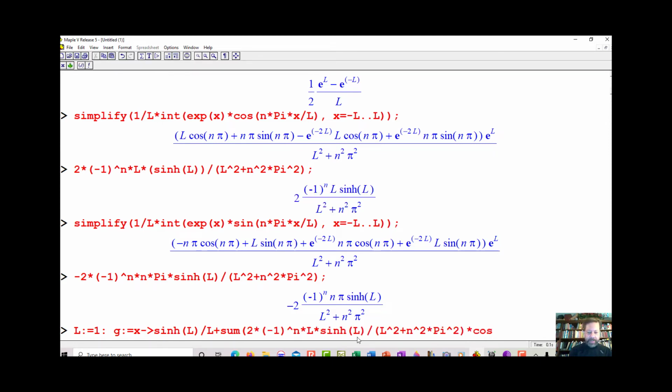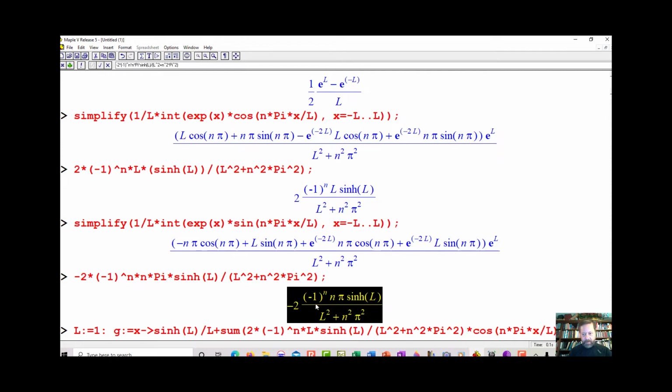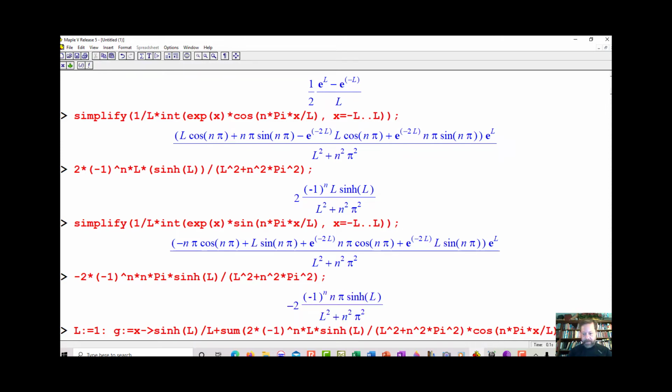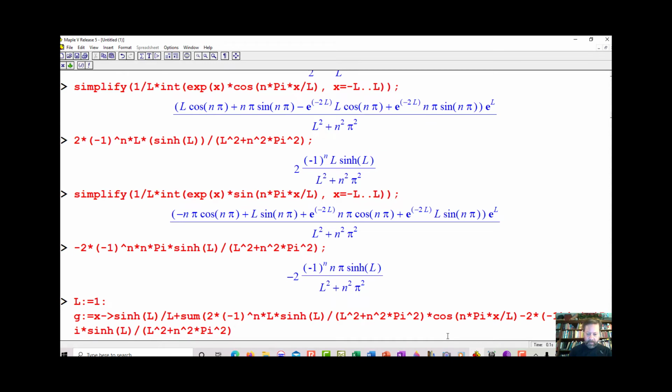These terms get multiplied by cosine of n times pi times x divided by L. And then we have these terms, which I guess I don't need the plus here, times the sine of n times pi times x divided by L. Let's go from 1 to 10.